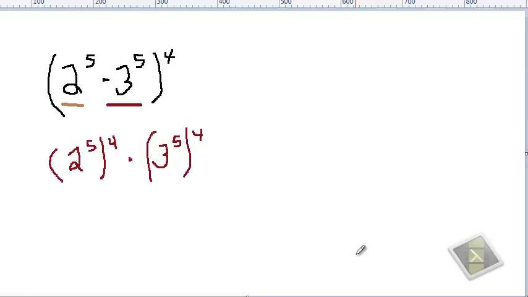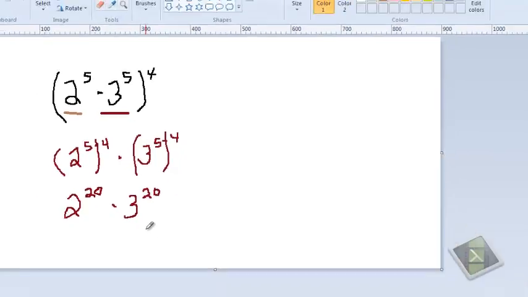Now we go back to another rule we had. Power to a power, multiply your powers. 5 times 4 is 20, so we're going to have 2 to the 20th. Same thing here, 5 times 4, there's another 20. We have 2 to the 20th times 3 to the 20th.